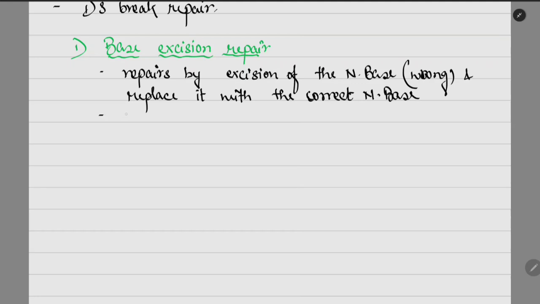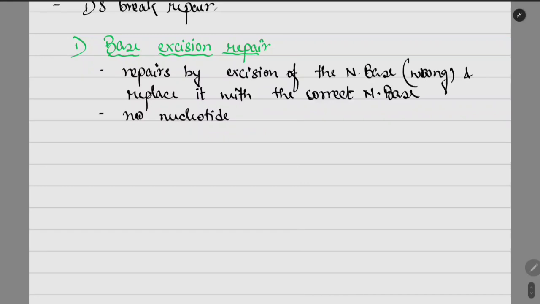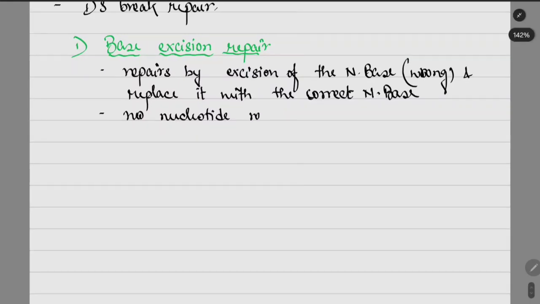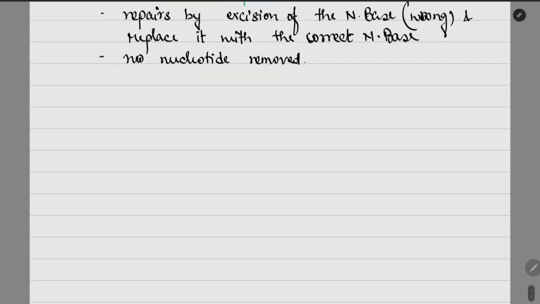Now another point here is that no nucleotide is removed. Remember this point, because in a later part there is one nucleotide removal. No nucleotide removed. Okay. Now if I give a diagram here as an example, think this is a DNA strand. You know that opposite G, C is always present.